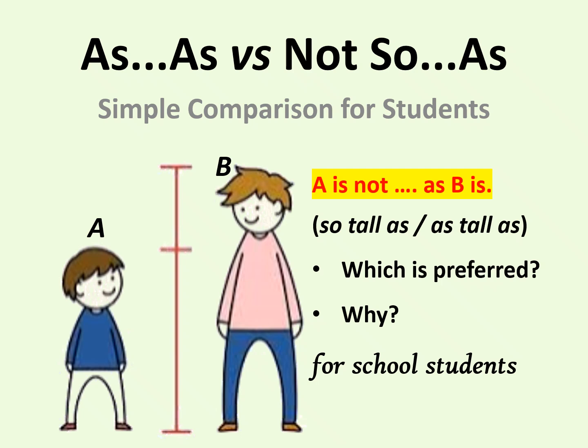Whether they will use as for comparison or so as for comparison. So we are clarifying the doubts for students: whether you must use as simple as, as rich as, or so rich as, so tall as. Which one you should be using, as construct or so as construct.